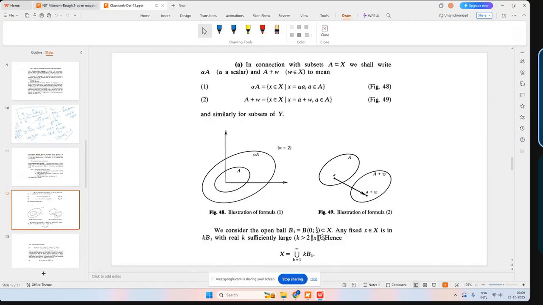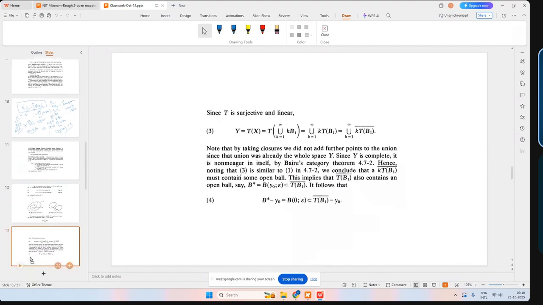Obviously, you can take K greater than 2. If you take any x, naturally it is going to be in one of the balls. This point is clear or not? Yes, sir.